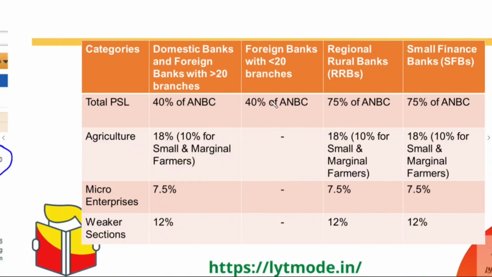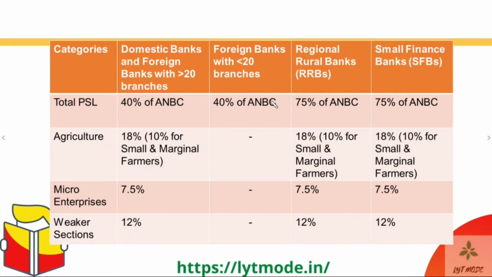Okay, guys, moving ahead. So first of all, there's 3-4 categories of banks that we'll talk about in terms of their total PSL targets, and some particular targets that you need to remember for them. The first one is the most important: domestic banks. All domestic scheduled commercial banks, or SCBs as we call them, along with foreign banks whose branches are greater than 20.